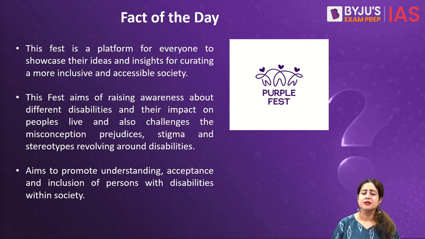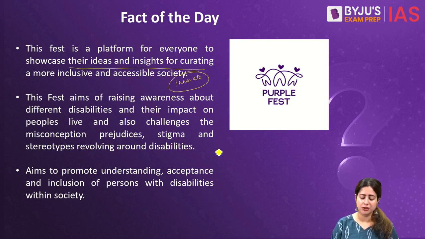Now, this festival will also be a platform for everyone to come up and show their innovative ideas about how to extend an inclusive culture to people with special needs to create a much better, accessible society in India. The fest is also about creating awareness about the kinds of difficulties people experience due to some disability.